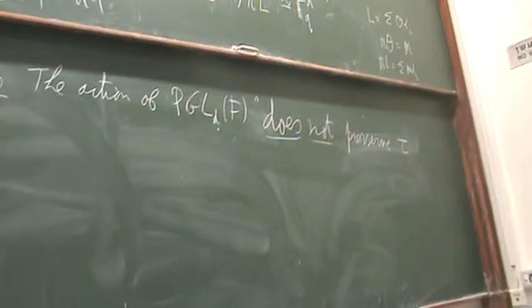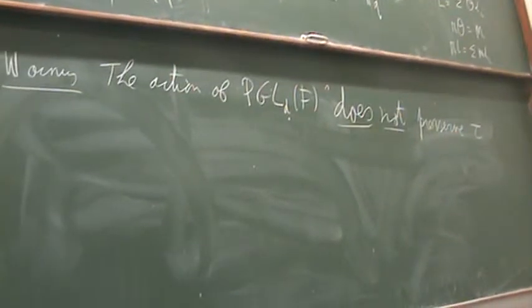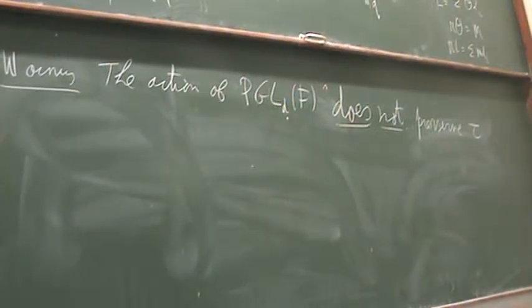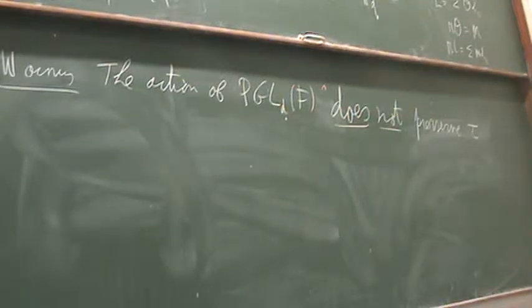By the way, even without thinking, how do you know that it does not preserve the coloring? Right, it's transitive. It acts transitively on the vertices, so every vertex can move to every vertex, which means in particular vertices of different color can move to each other. So we know for sure that it does not preserve it.